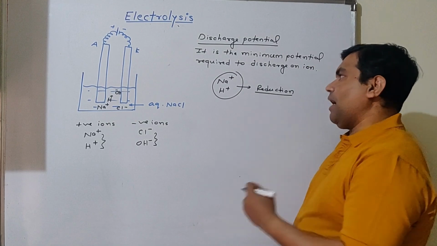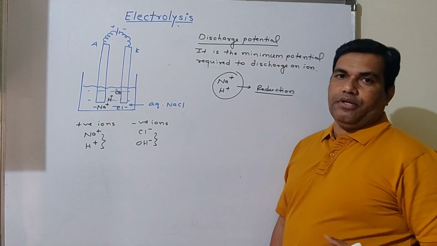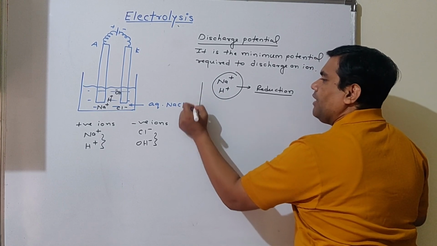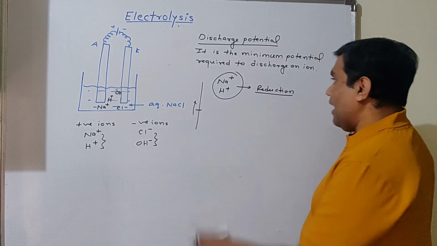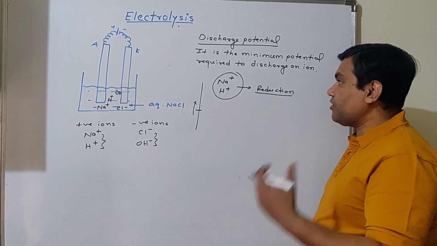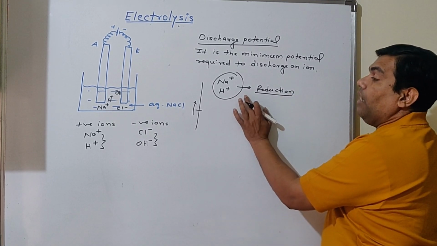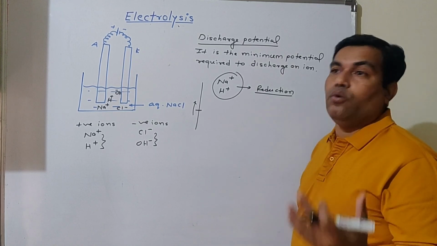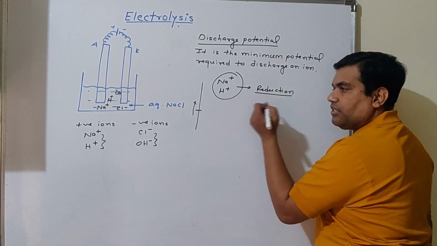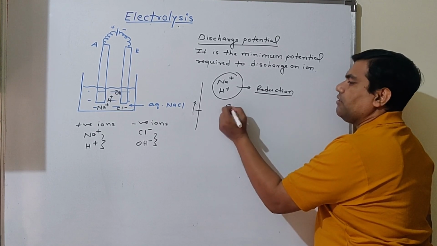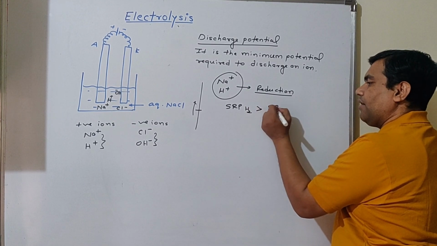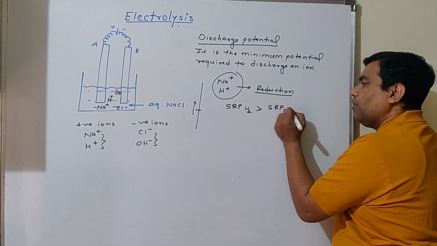So whichever has a higher reduction potential, or whichever is in a higher position in the EMF series, will have a greater standard reduction potential, and it will have a greater tendency to get reduced. If we compare the SRPs, the standard reduction potential of hydrogen is always greater than the standard reduction potential of sodium.